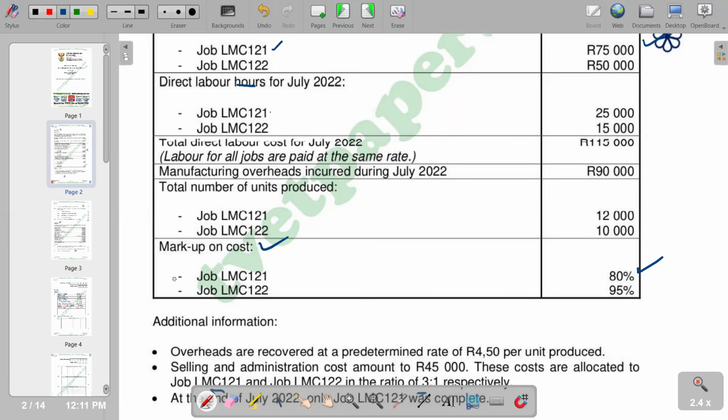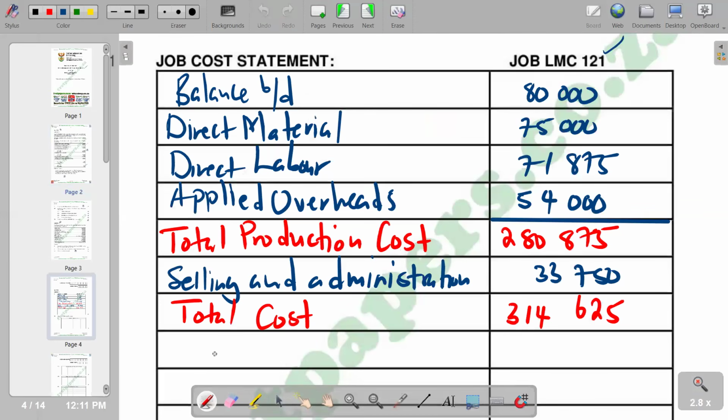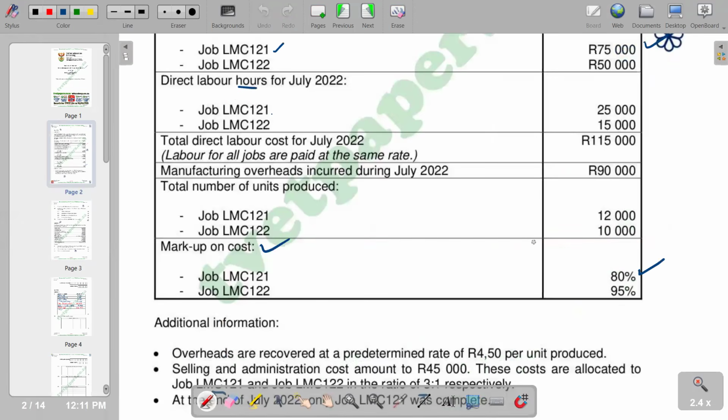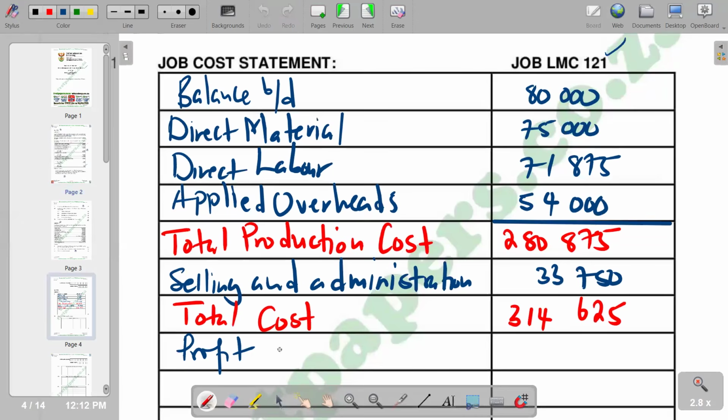is the profit. So if you come here, we are going to say our profit, whereby the percentage for our job LMC 121, we are given it as 80%. So we're going to say 80%, and then we multiply it by 314,625. And then you get your answer as 251,700.